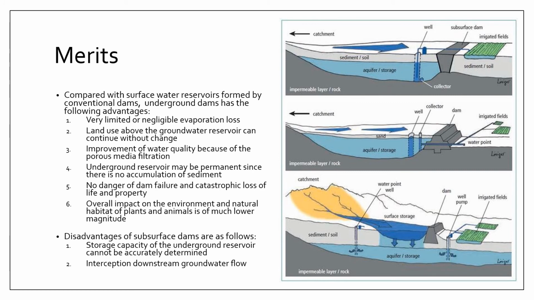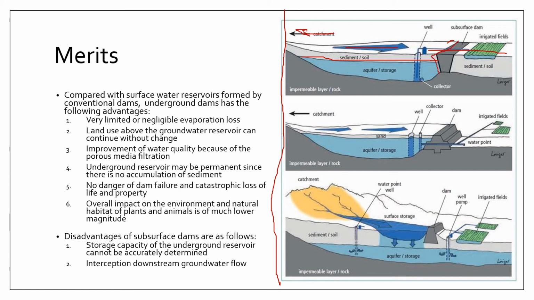Right, now let's talk about subsurface dams. All right, subsurface dams are essentially dams that are underground. And you see here three different figures. In the first figure, you essentially have a flat area, and you have your groundwater in here, and you have your catchment at the upslope.